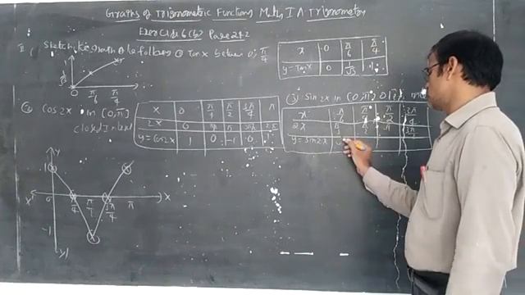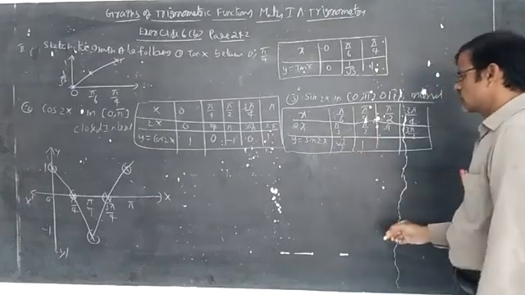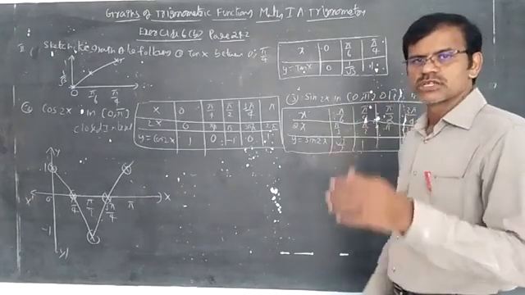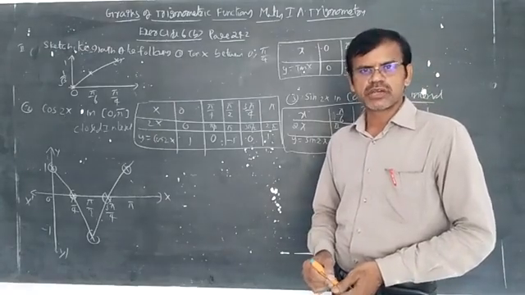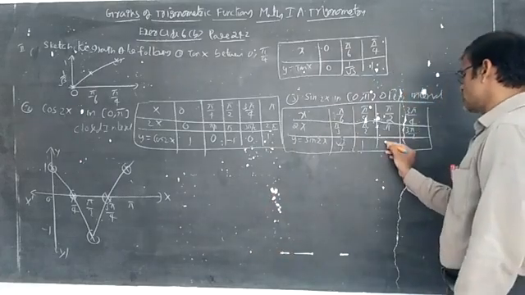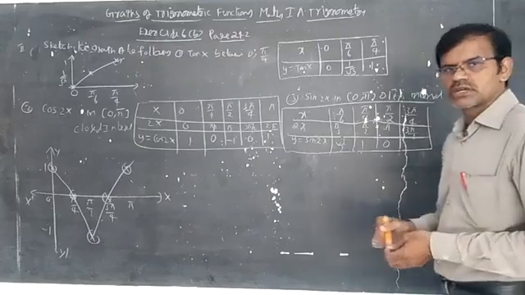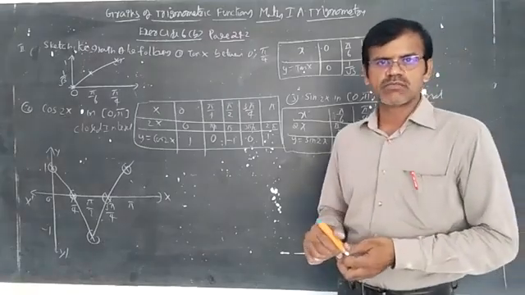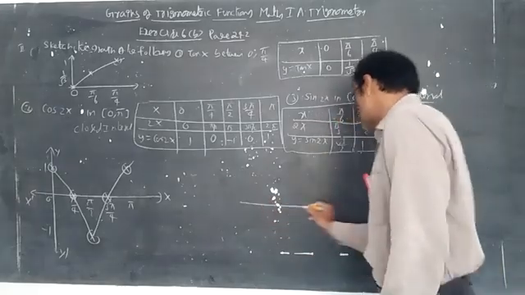Root 3 by 2: root 3 is 1.732, and 1.732 by 2 becomes 0.866, which is lesser than 1. Now sine pi is 0. Sine 3 pi by 2, meaning sine 270, sine of 180 plus 90, is minus sine 90, which is minus 1.